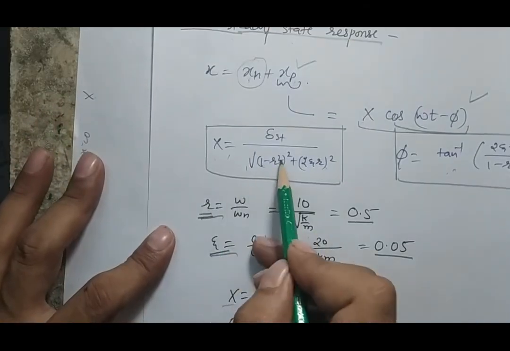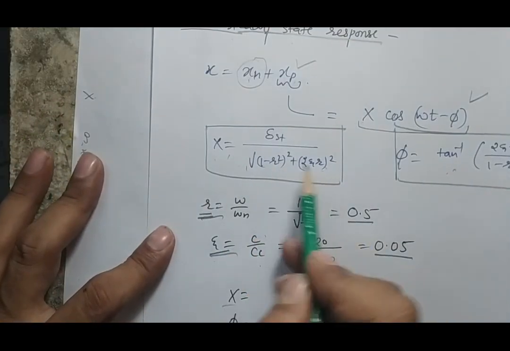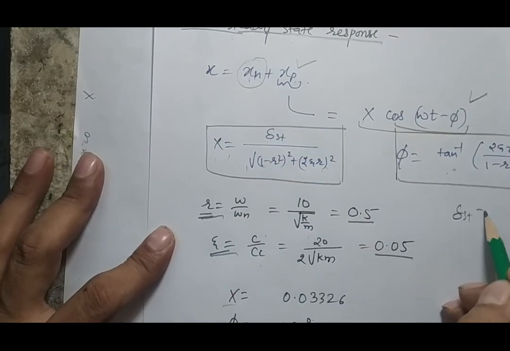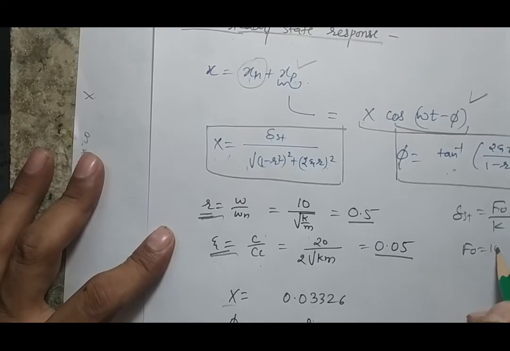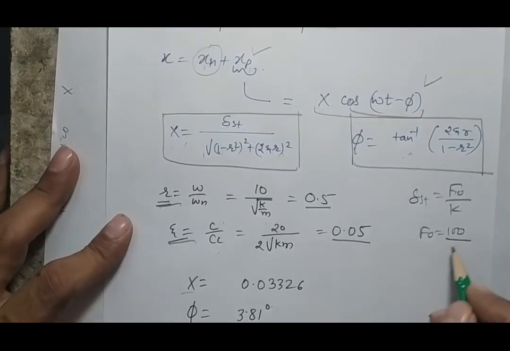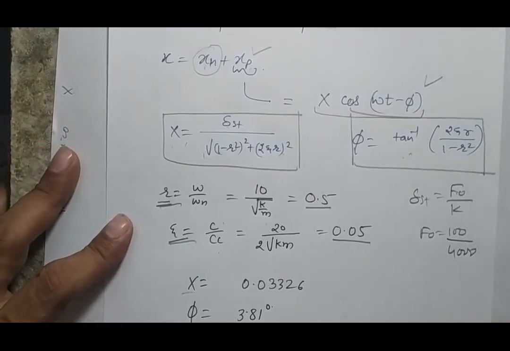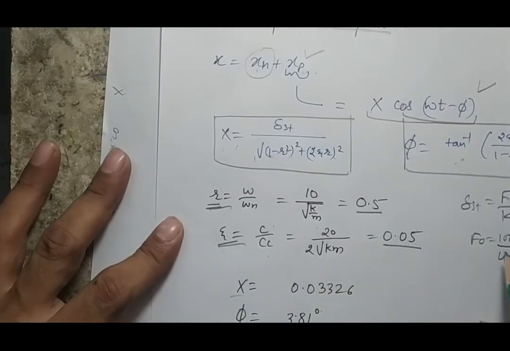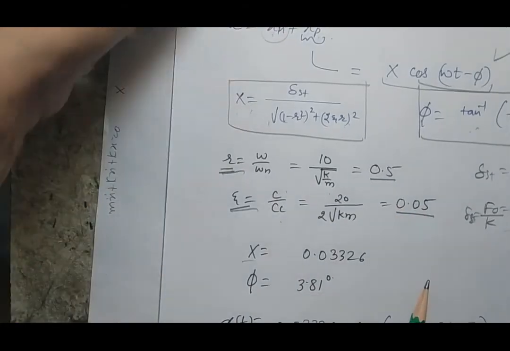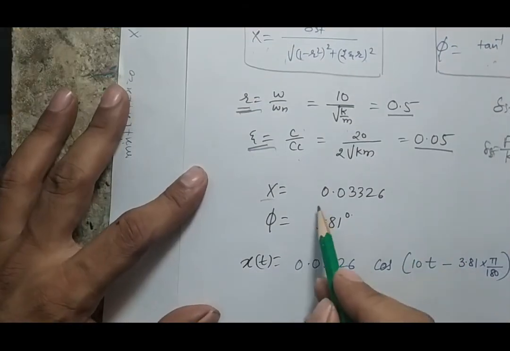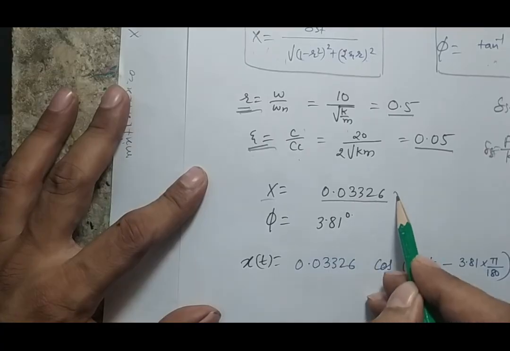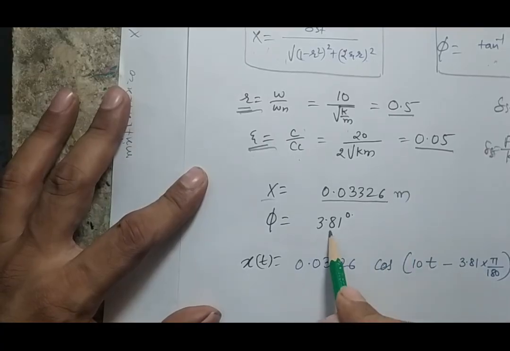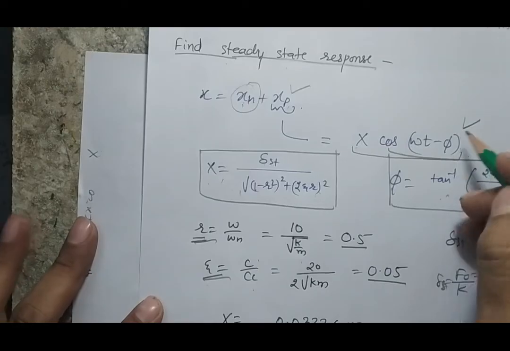When I put these r and zeta values here, as well as del static, which is F naught by k, where F naught is 100 given and k is 4000 given, I will get this del static. After putting all the values together, I get that my x comes out to be 0.03326 meter and my phi is 3.81. So I will put this in my solution.